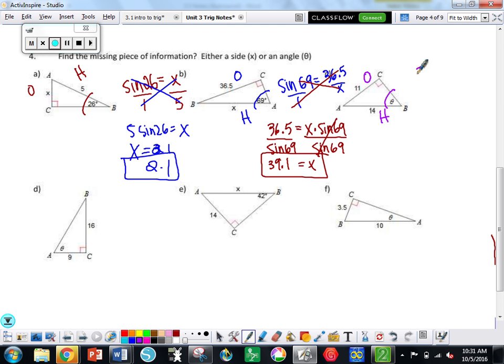Sine again. Sine theta equals what over what? Do I have to cross multiply anything this time? No. The theta is almost by itself. The sine and the theta are kind of merged together. How do you break them up? Inverse sine. Good. So sine inverse both sides.